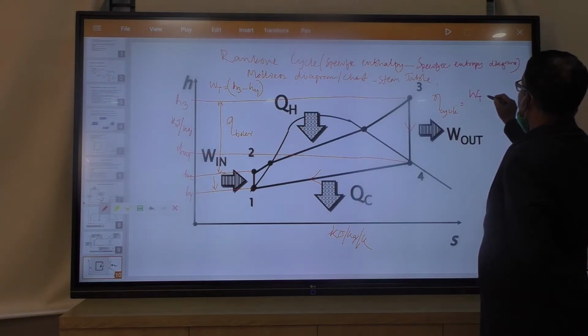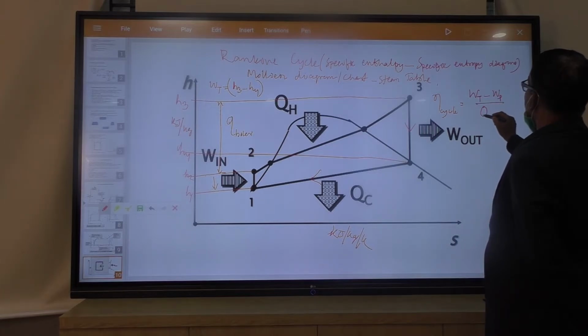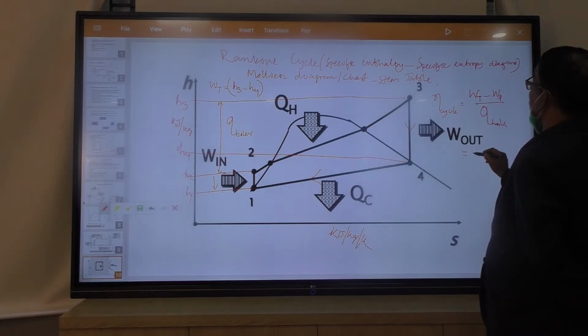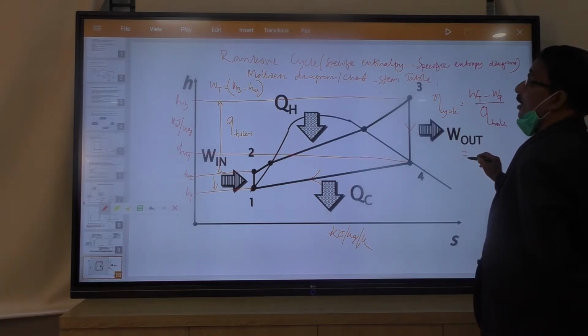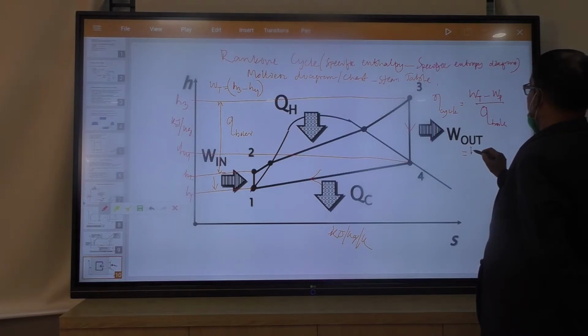That means turbine work minus pump work divided by heat input in boiler. That means H3 minus H4, turbine work, minus pump work.